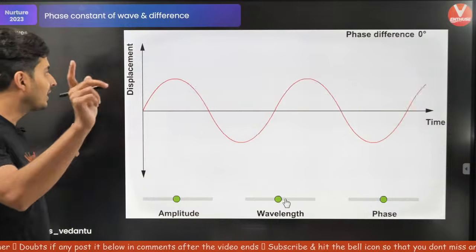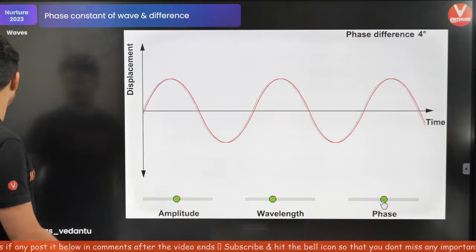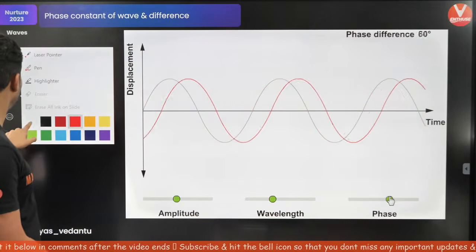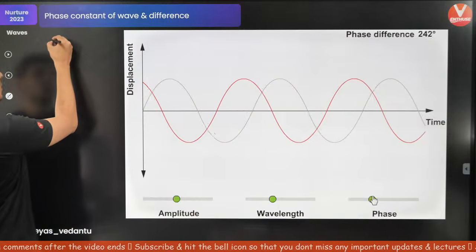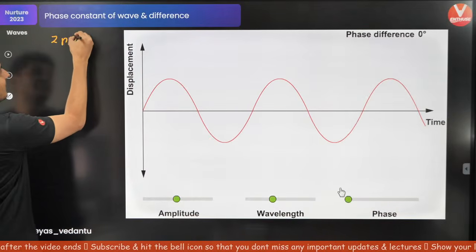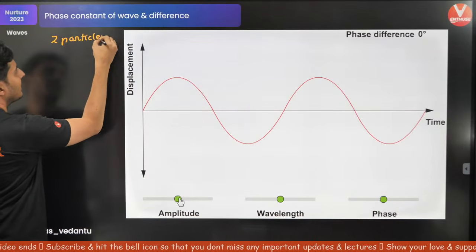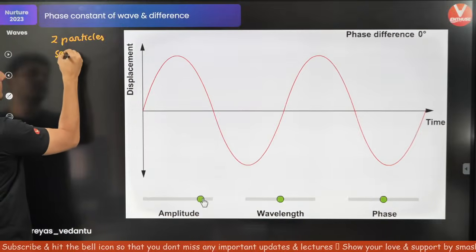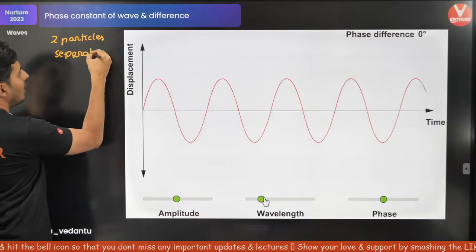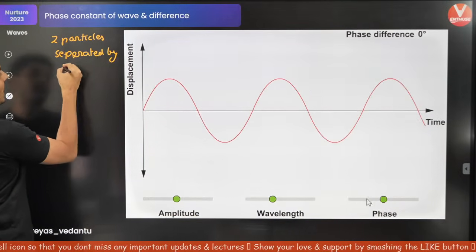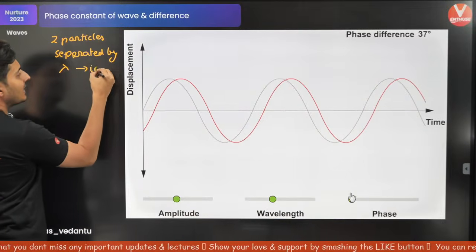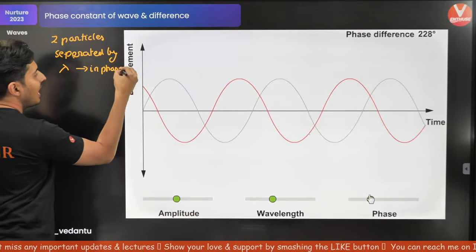And now we define a new term called the phase difference. So observe this. I just mentioned two particles separated by lambda are basically in phase.